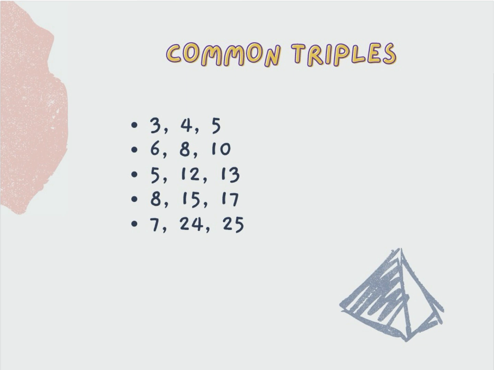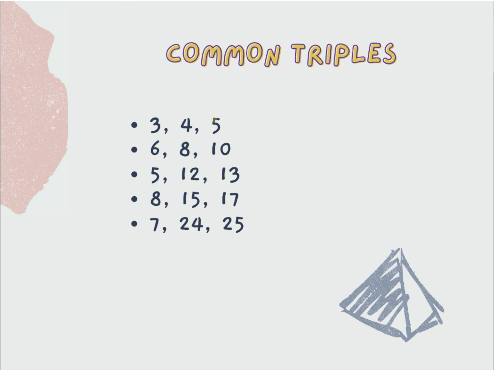All right, common triples. This is really good memorization-wise for SAT, ACT, PSAT, any of that standardized test that you guys take. Common triples are obviously common. They're the most common ones that you may see on a test. If you memorize these, great, sure. You do not have to show work if you memorize these. But there's a specific way you have to use them.